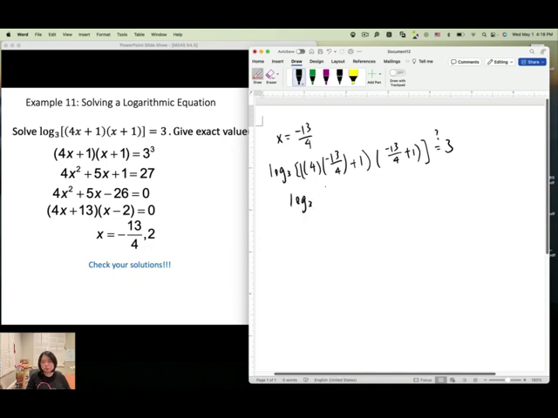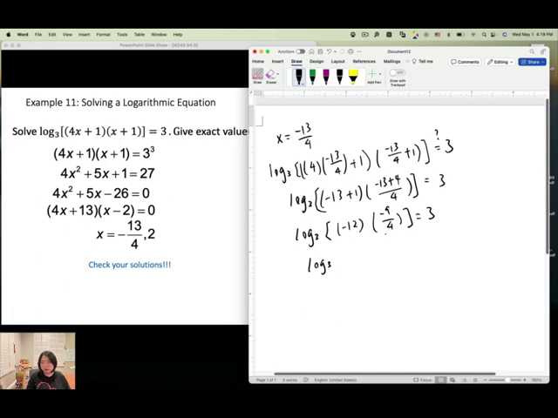So, log base 3 is the same, so it cancels out. Negative 13 plus 1, and this one will be negative 13 plus 4 over 4. Make sure you have the brackets. And then log base 3 of negative 12 times negative 9 over 4 equal to 3. Okay, simplify it.